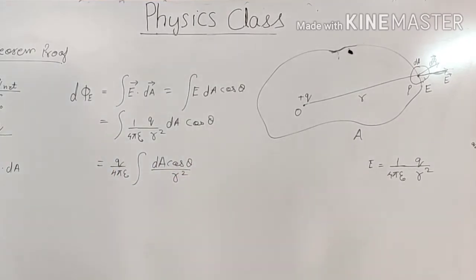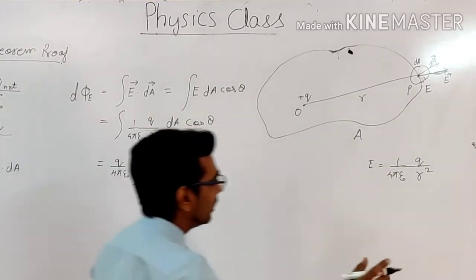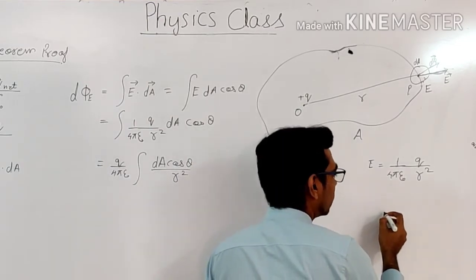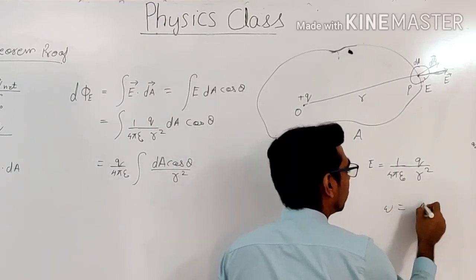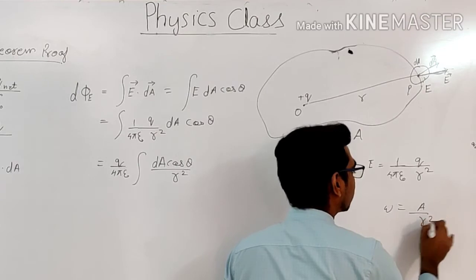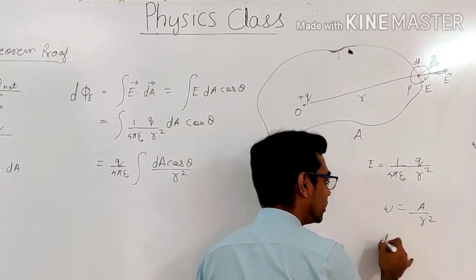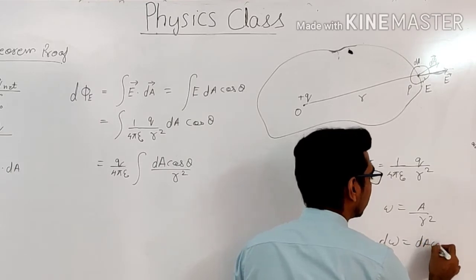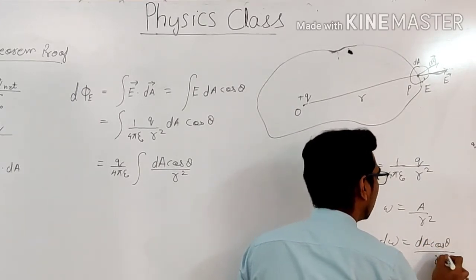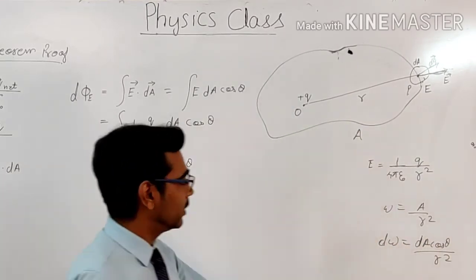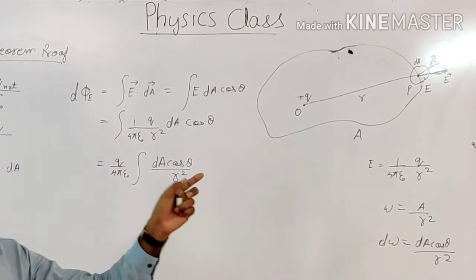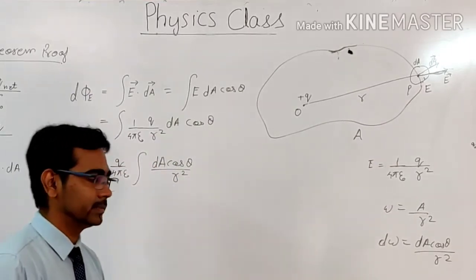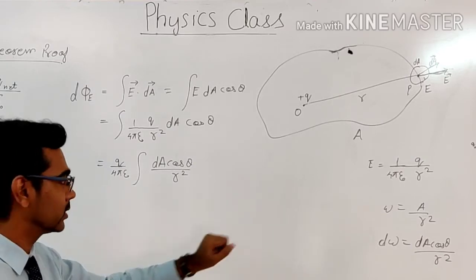Here, what is dA cos theta upon R square? When I was explaining, omega was equal to A upon R square. So when we change to d omega, we get dA cos theta upon R square. The solid angle has all been explained in the first video of this series.